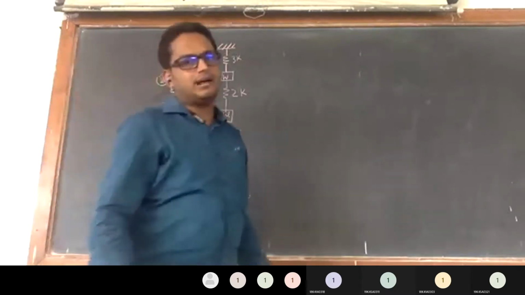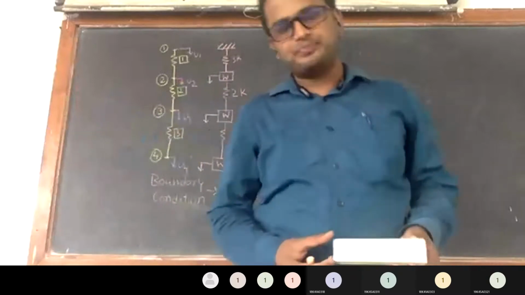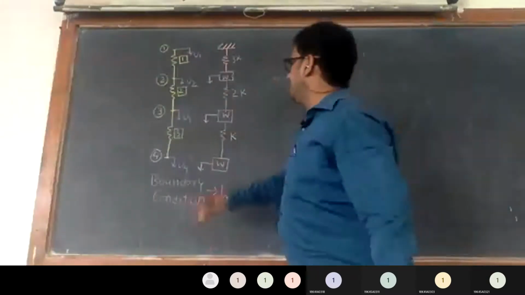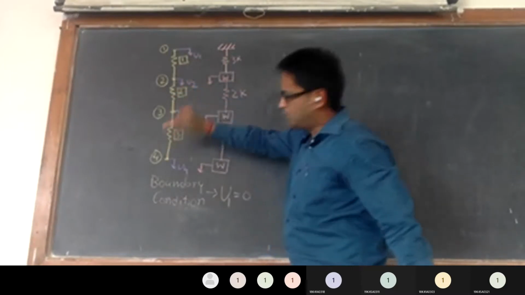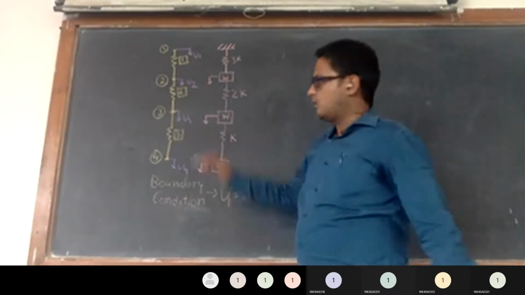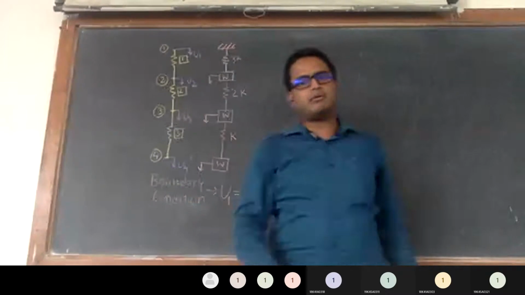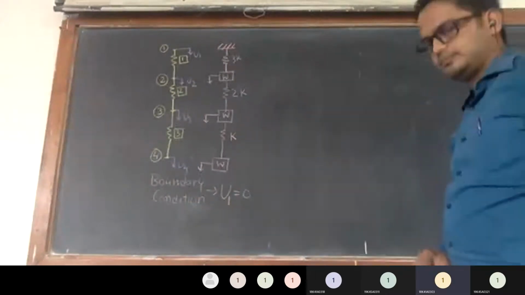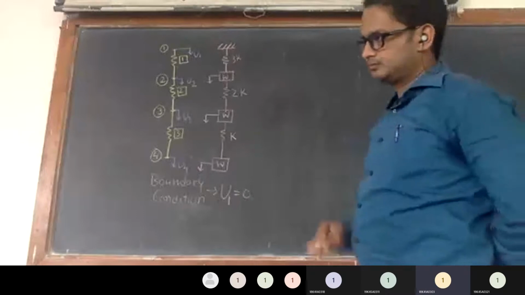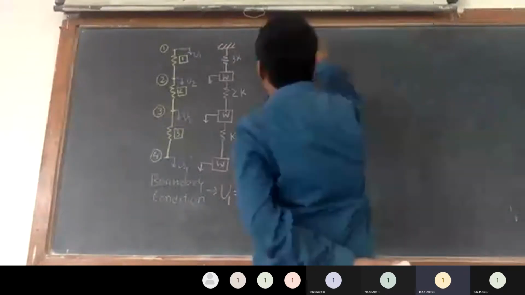One more thing I would like to ask you people. If we have 4 nodes, 1, 2, 3 and 4, what will be the size of our global stiffness matrix? 4 cross 4, sir. Very good.